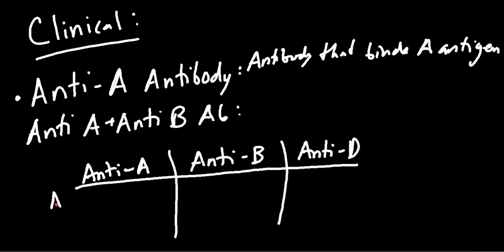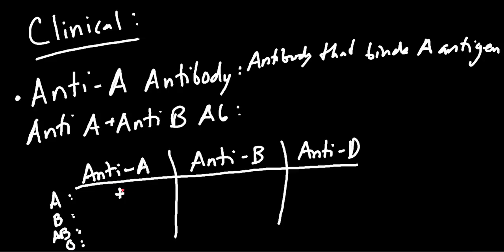So we have our blood types. We have the A, B, and O. So we have the different blood types. And let's figure out anti-A antibodies. Well, we know A antigen is expressed in blood type A patients. So we would see a reaction there. And this positive is when you see a reaction.